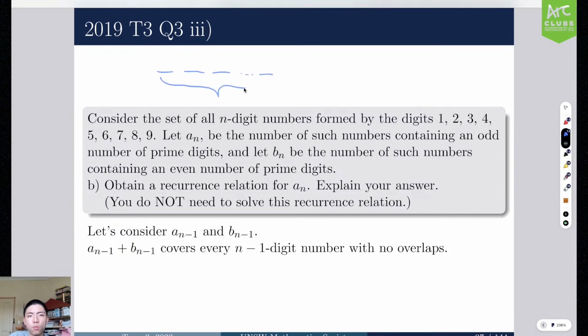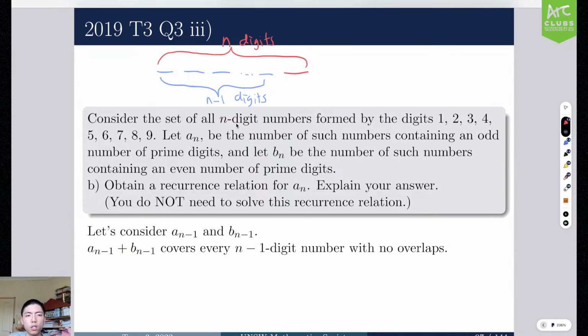If there are n-1 digits here, then the next digit will force this whole thing to end up having n digits, right?